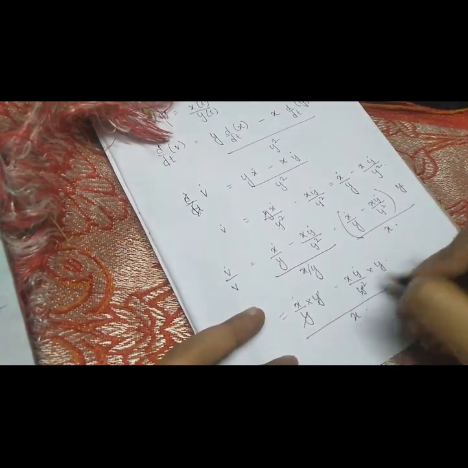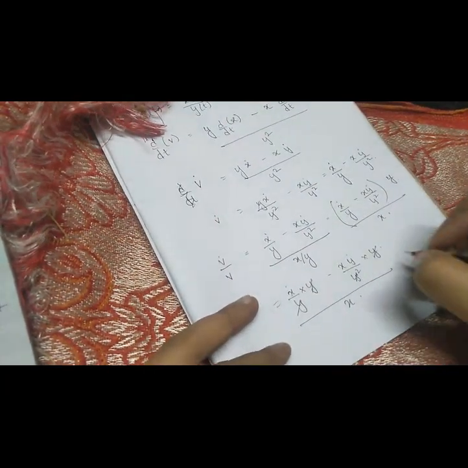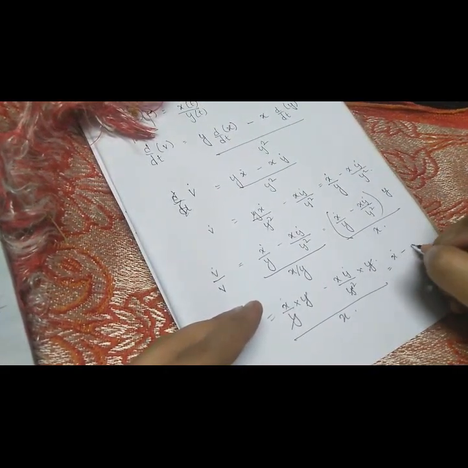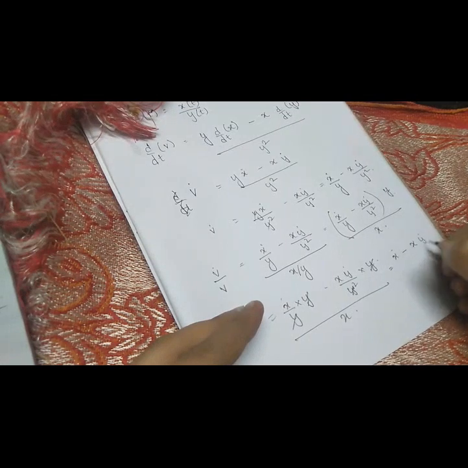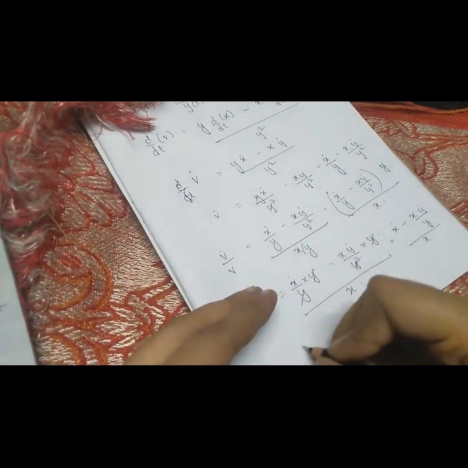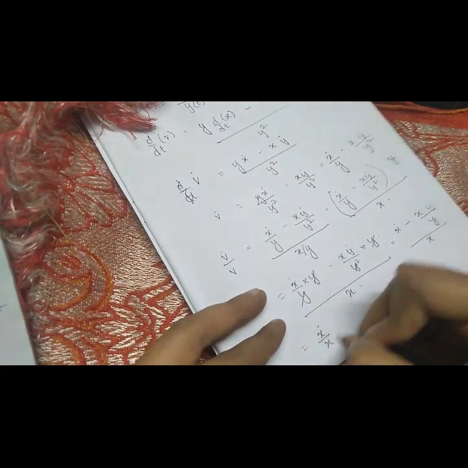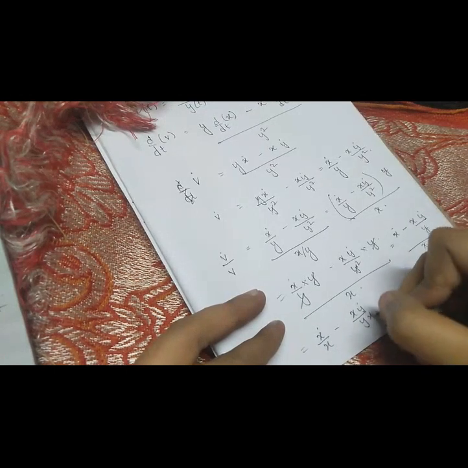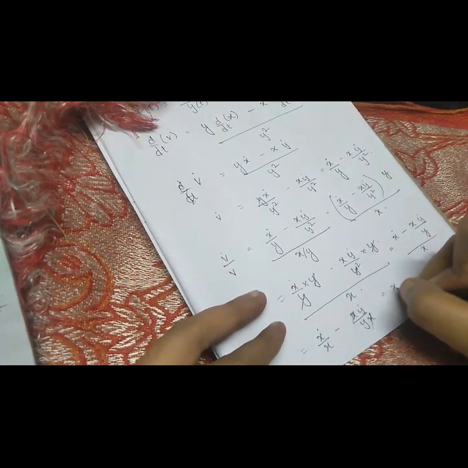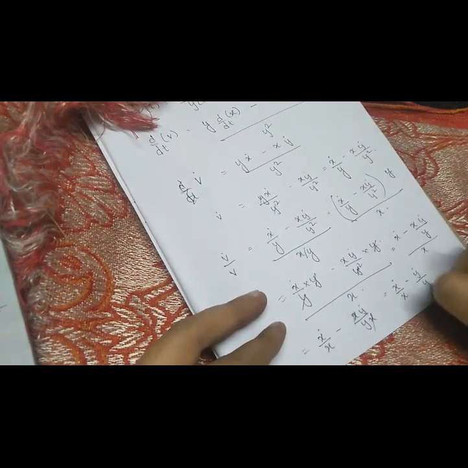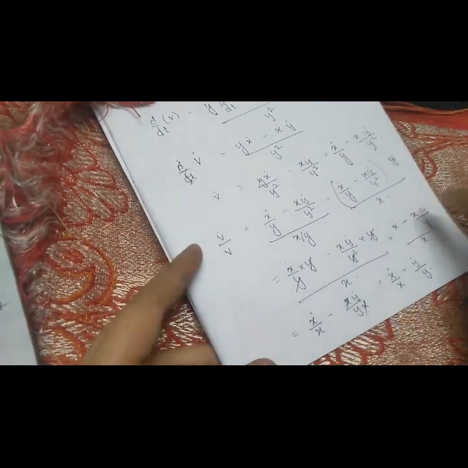We cut this, then we will be left with x dot minus x y dot by y, divided by x. That simply means x dot by x minus x y dot by y x. Here we will cut x, then we are left with x dot by x minus y dot by y. Simple calculation.